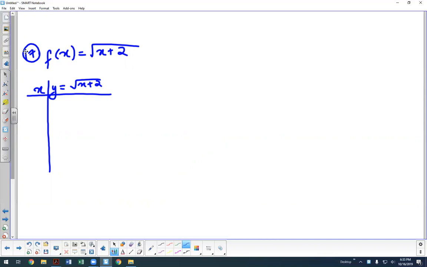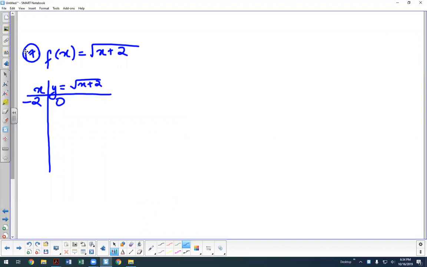Yeah, so you can start with -2 and you can go to infinity, because again, since this is a square root, we cannot have any negative values in there. So the smallest number we can use in there is -2. So with -2, what kind of y value do we get? Yeah, you're going to get 0 because it's -2 plus 2, 0, square root of 0 is 0.